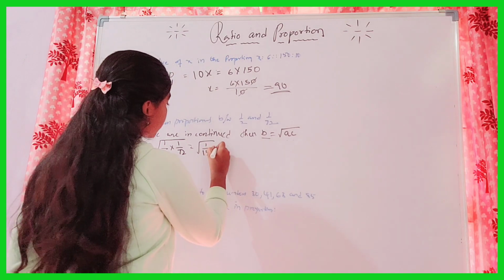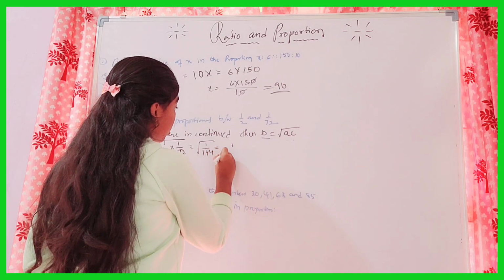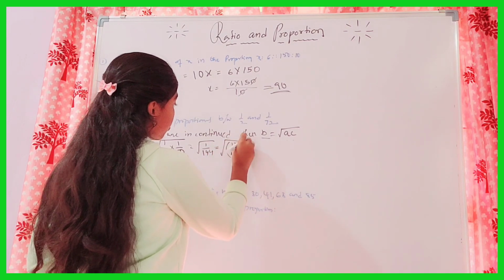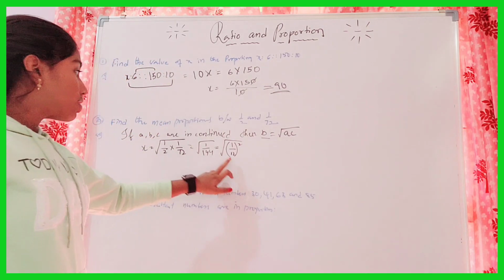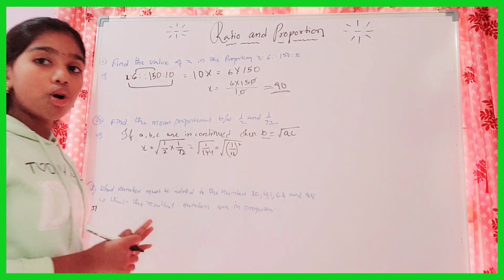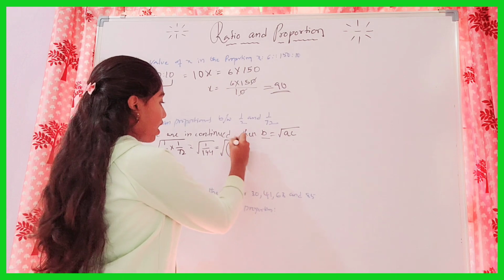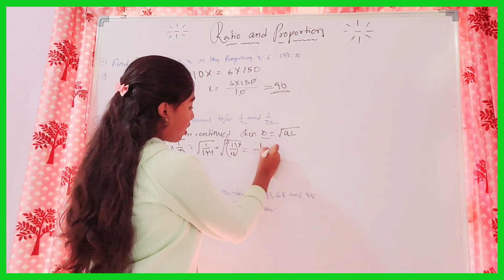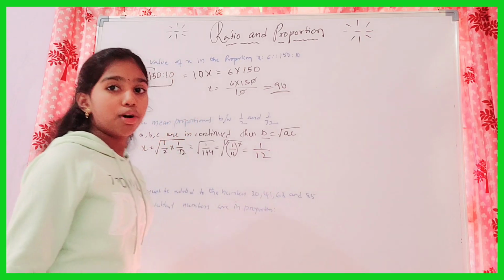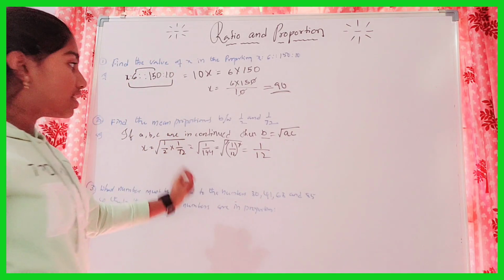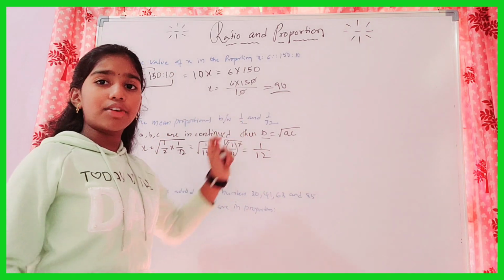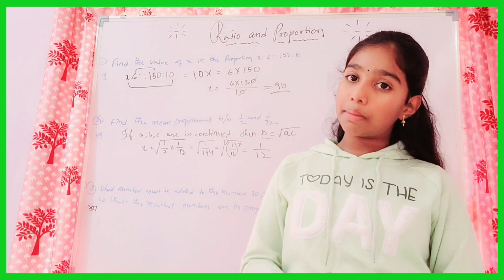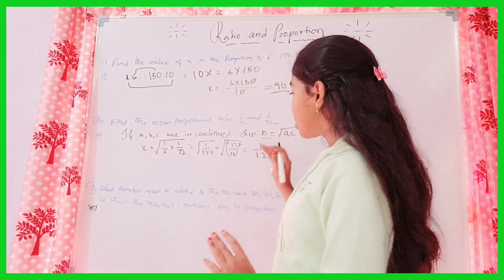So it is the square root of (1 by 12) whole squared, the square and root cancel, and the answer will be 1 by 12. 1 by 12 is the value of B. So the geometric mean will be 1 by 12.